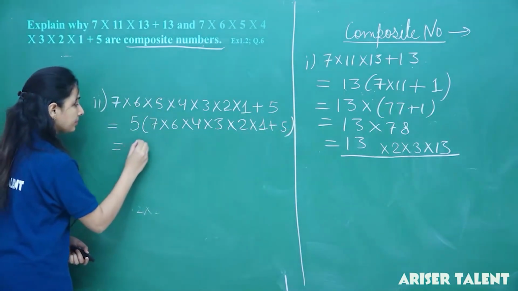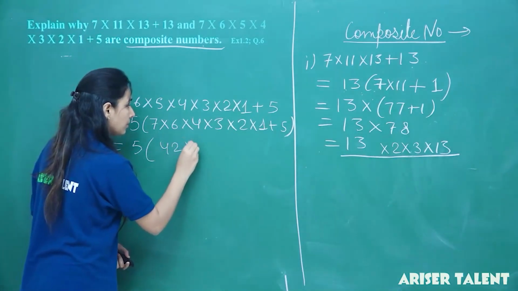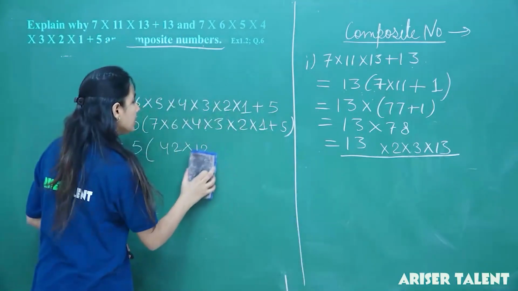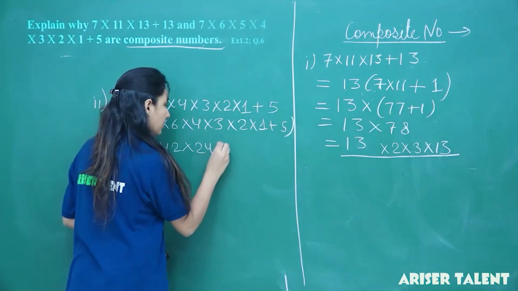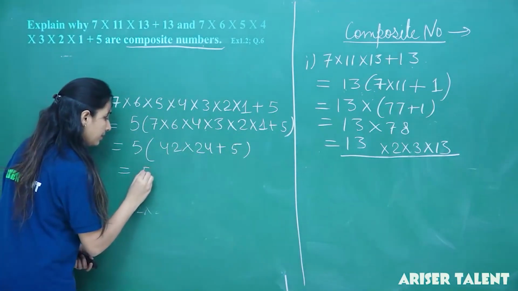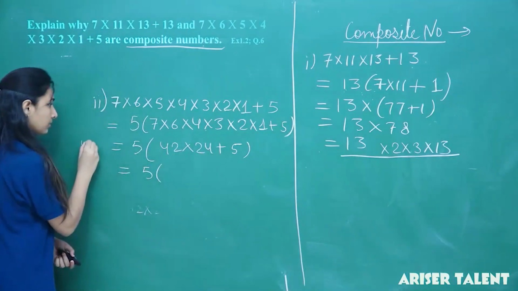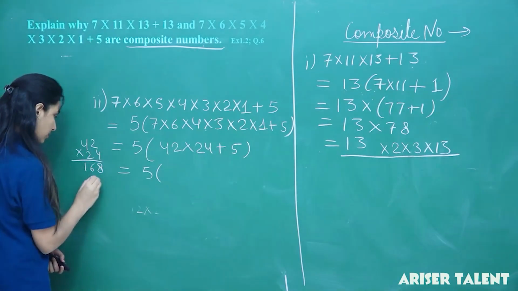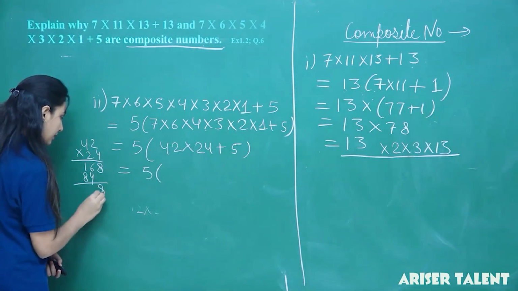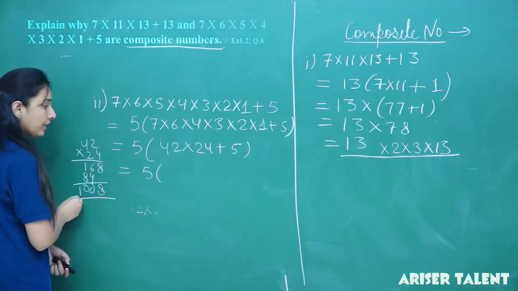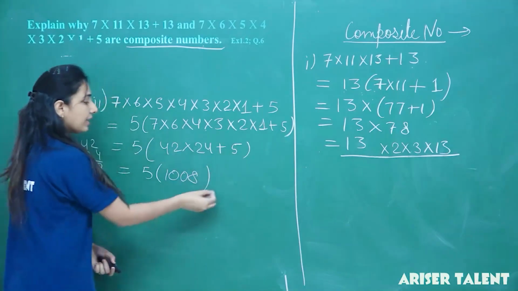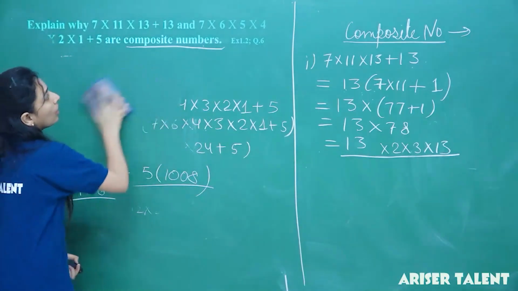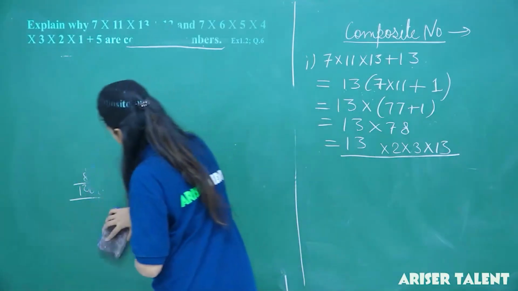How can we rewrite it? 42, 12, and 12 multiplied by 2 multiplied by 1 is 24 plus 1, that will be 5 multiplied by 42 multiplied by 24, that will be 1008. Now, you can do the prime factorization of this number. So, again like this, this is also a composite number. Okay.